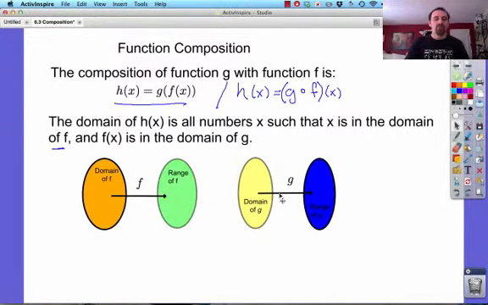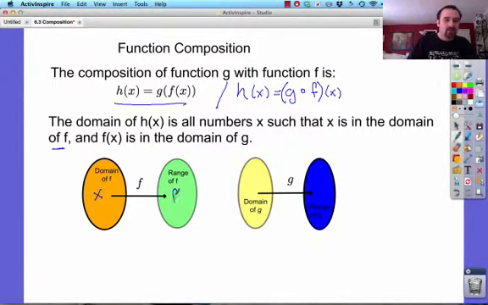Okay, that means that I put a number for x into f, it goes to the output of f, and then g picks that up and puts it into the output of g. So the chain is from left to right along this diagram.